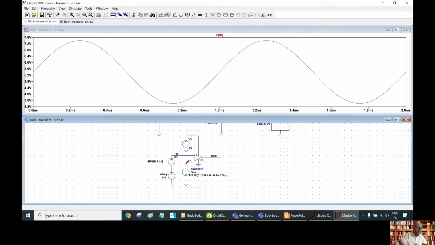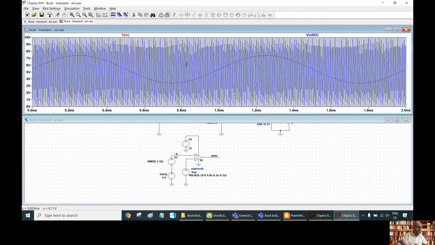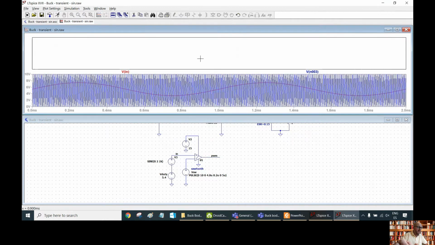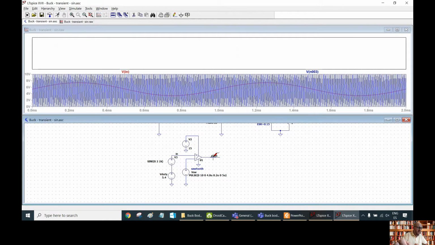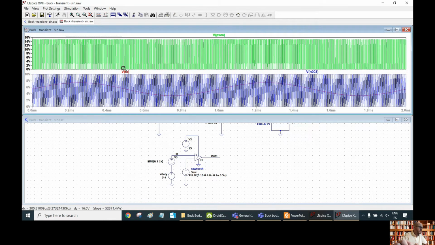And then the sawtooth waveform, of course at a much higher frequency. We can see also, maybe in another pane, the duty cycle, which is going to be modulated.